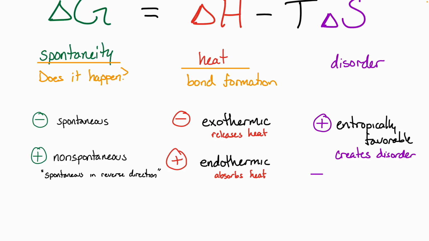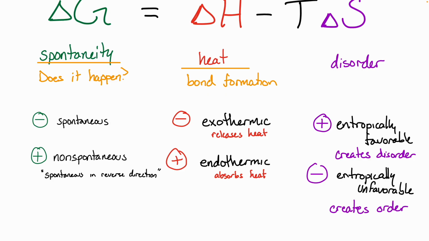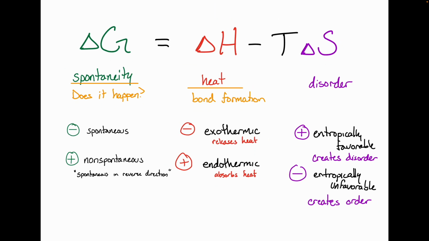Whereas a negative delta S is an entropically unfavorable reaction, meaning that it creates order. The universe loves reactions that create disorder.